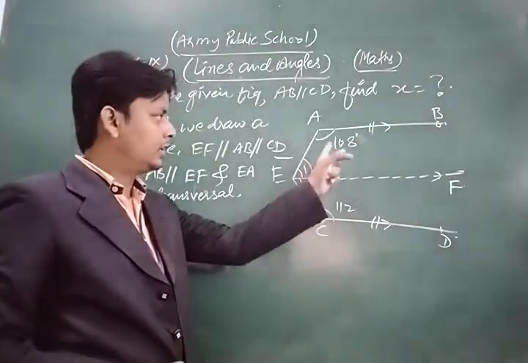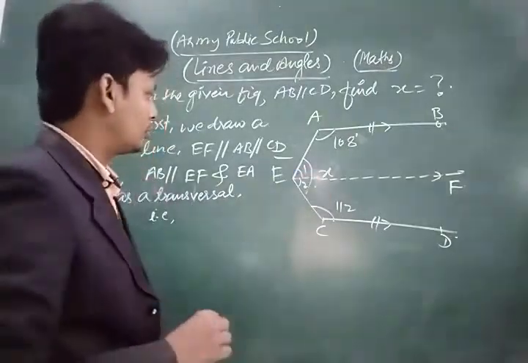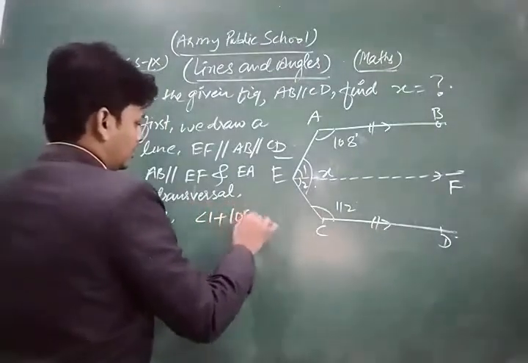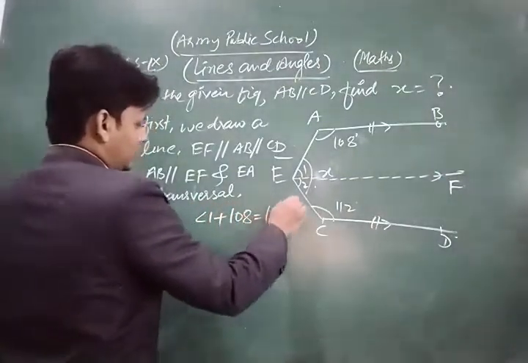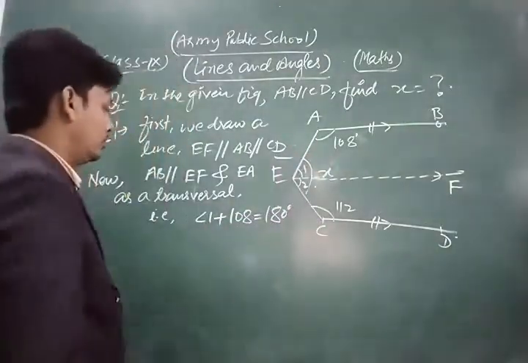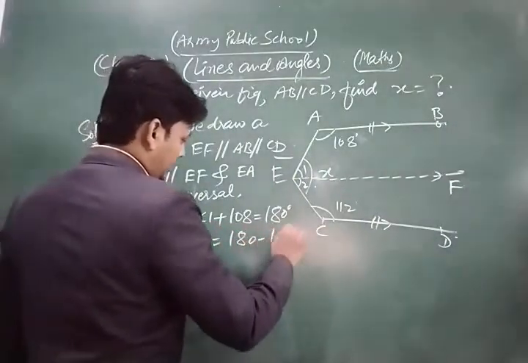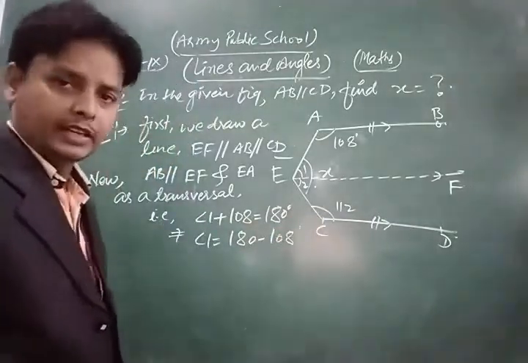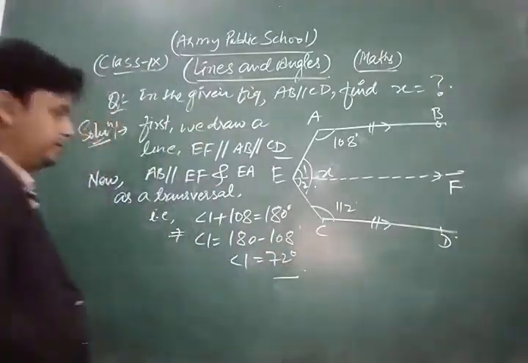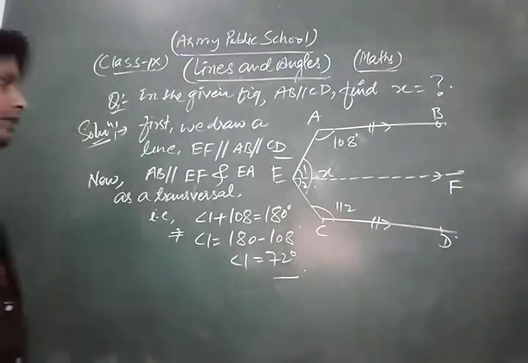Then angle 1 and angle 108 form a co-interior angle, consecutive angle. So here angle 1 plus 108 is equal to 180 degrees because they form a co-interior angle. So now we find the value of angle 1, that is 180 minus 108. Angle 1 is equal to 72 degrees. So angle 1 we find as 72 degrees.